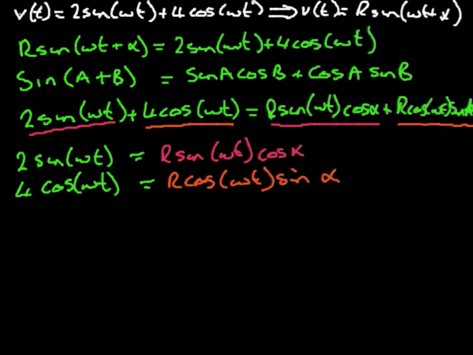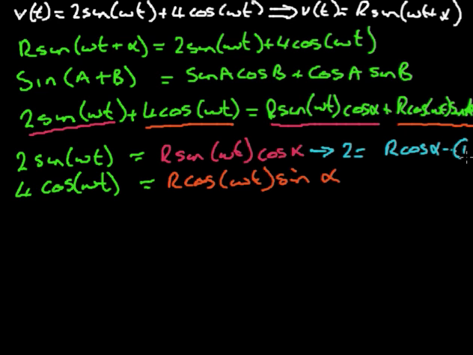So now my plan is to take this first equation and divide it by sine omega t, which cancels out all the sine omega t's, and that gives 2 equals r cos alpha.